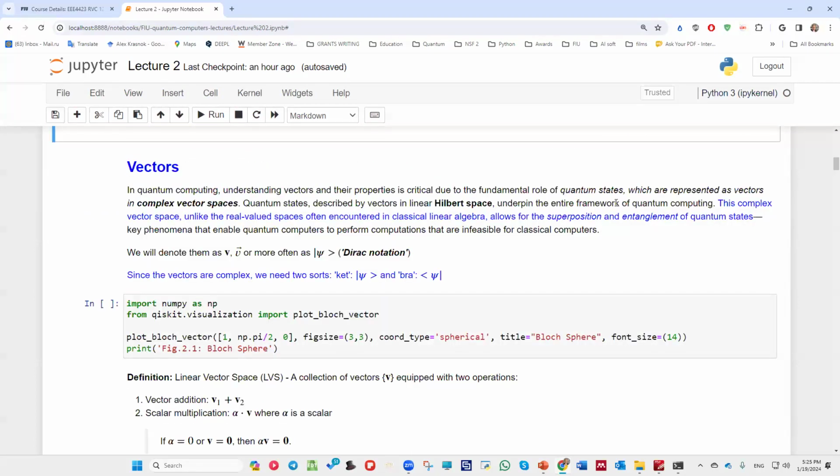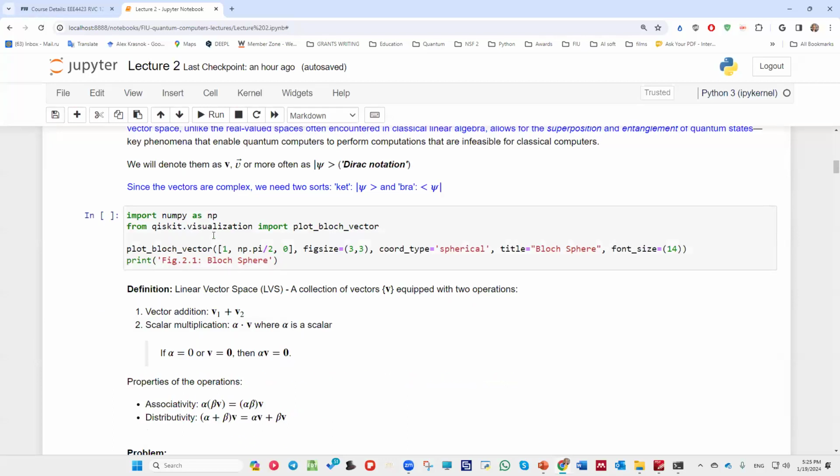So we will discuss that in what follows. The way we will denote vectors. The vectors can be denoted in different ways. A typical way that you usually see in books is a bolded letter.